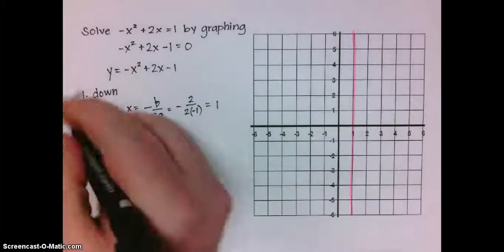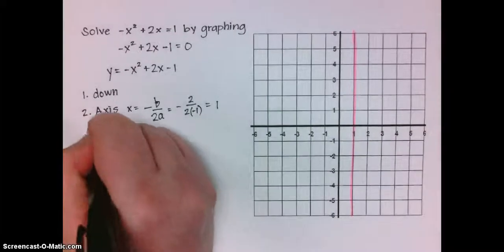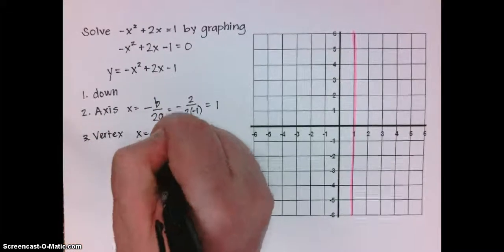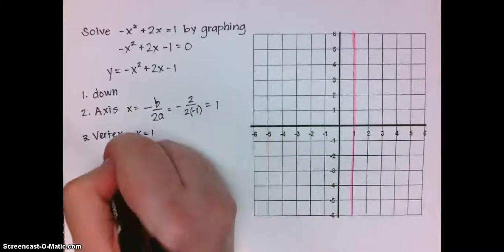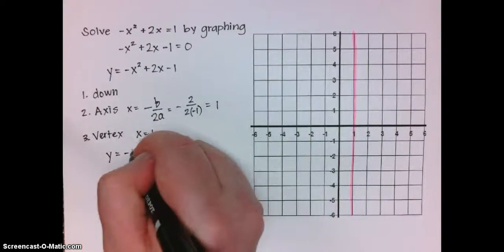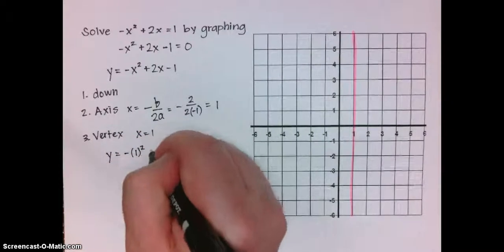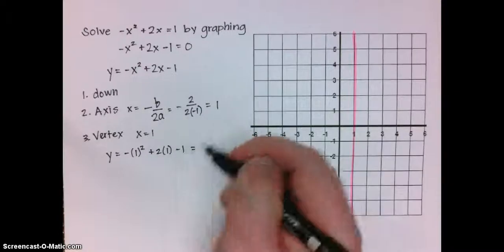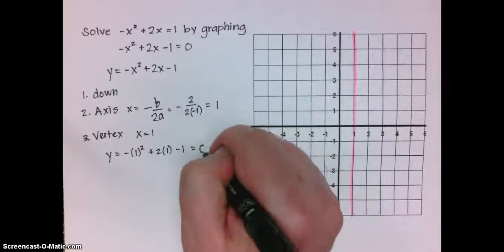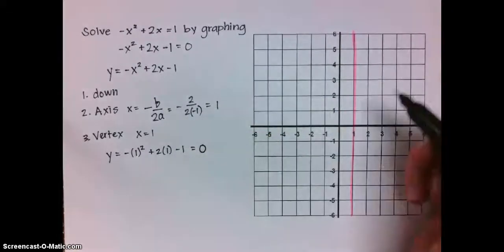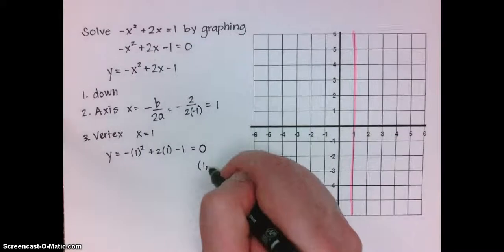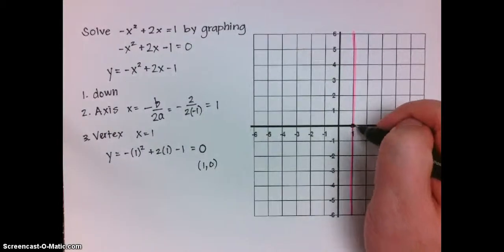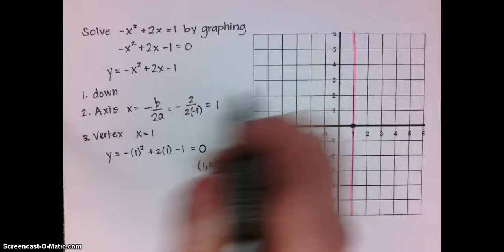And now let's find the vertex. So when x is equal to 1, we need to find out the y. So y is equal to negative 1 squared plus 2 times 1 minus 1, and that is going to be equal to 0. Okay, so let's plot this point of 1, 0. This is my vertex. Right there. That is going to be my vertex.